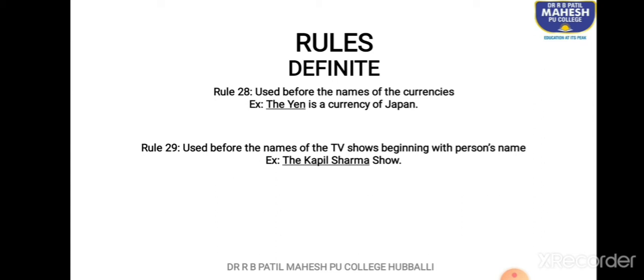So Kapil Sharma is a person's name, so the is mandatory here. The Kapil Sharma show, the Anupam Kher show, etc. It's not that the name has to be in the title, but the name has to be in the beginning of the title.